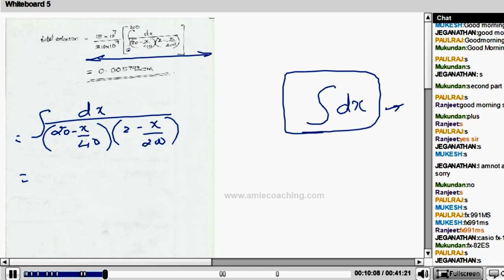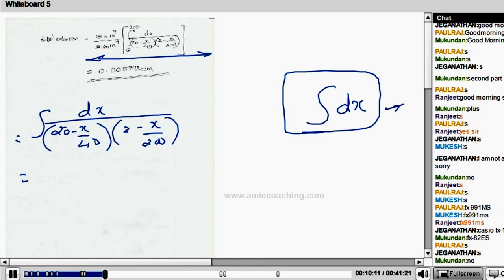Okay, fine, that is there. No, that means your version is very low, so in that calculator you can't perform the integration.